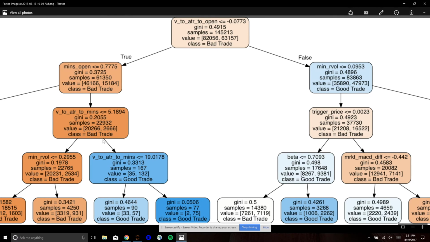Initially, I think this decision tree had about 200 layers down, because it would just continue splitting the samples every single time to find the purest nodes.